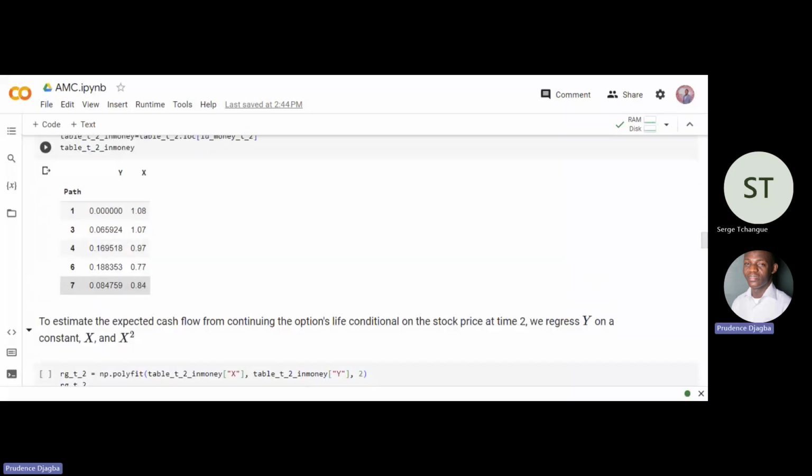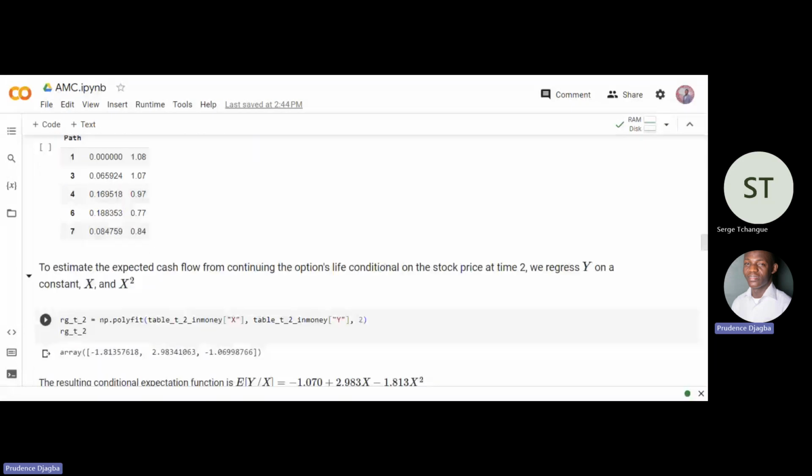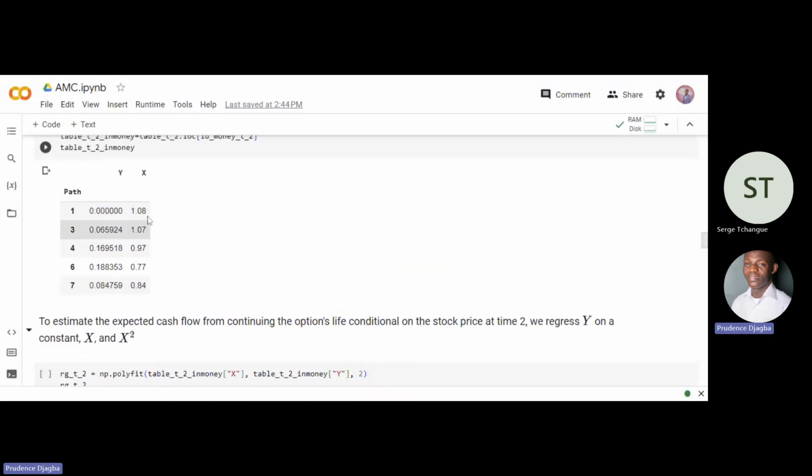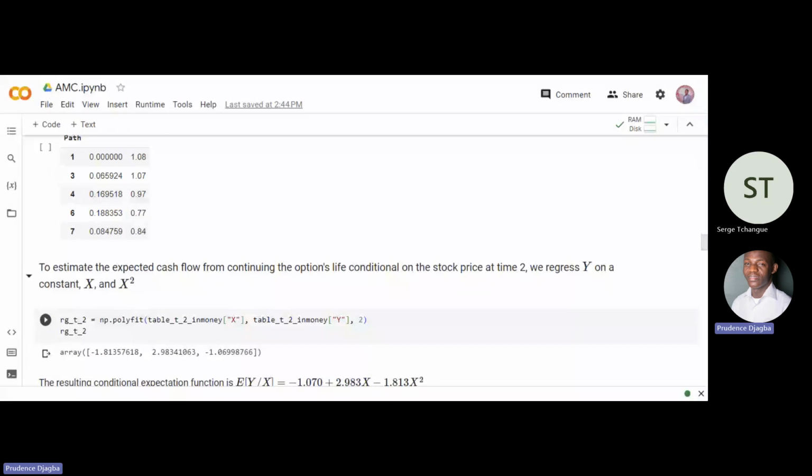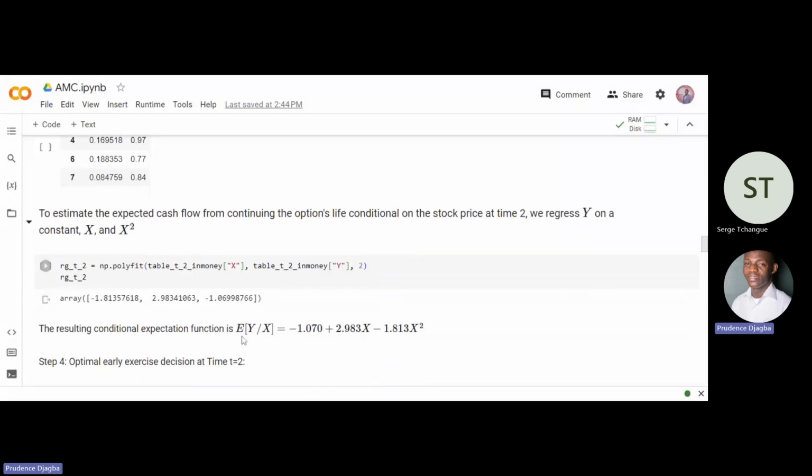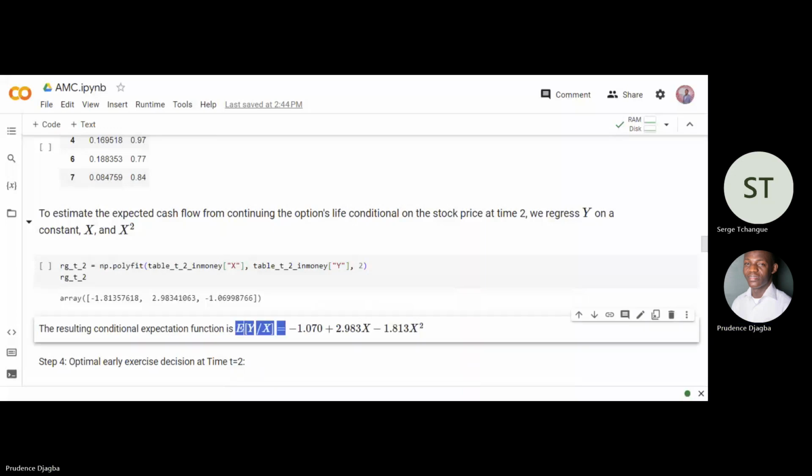And from there, since we are looking at the polynomial that will approximate the y value as a function of x, which is just the linear regression of degree 2, I use polyfit, and those are the coefficients of the polynomial that I got there, which give me the conditional expectation function.